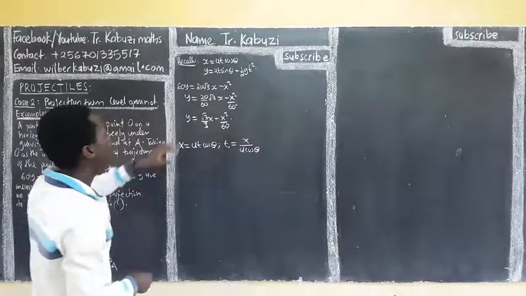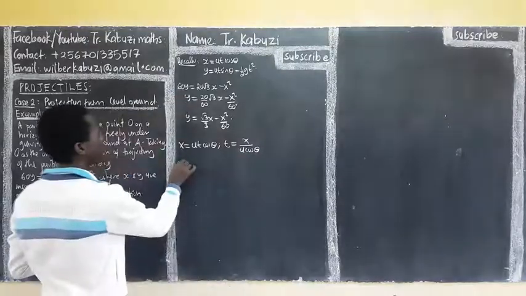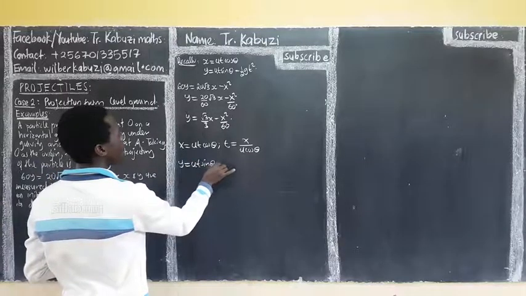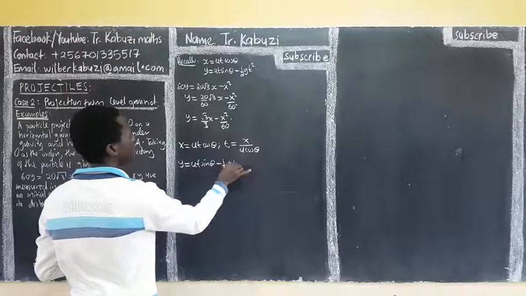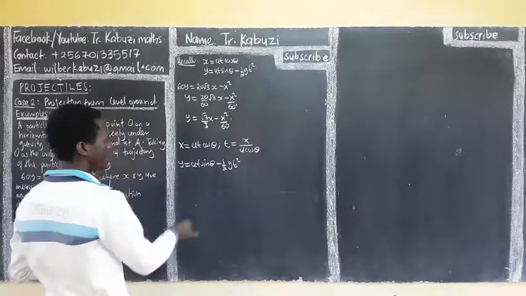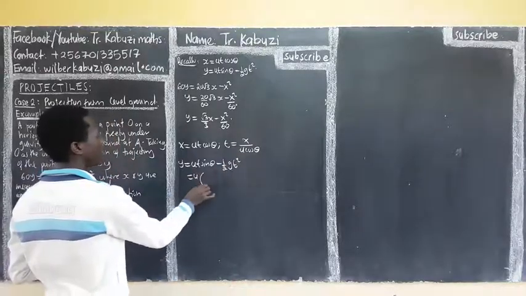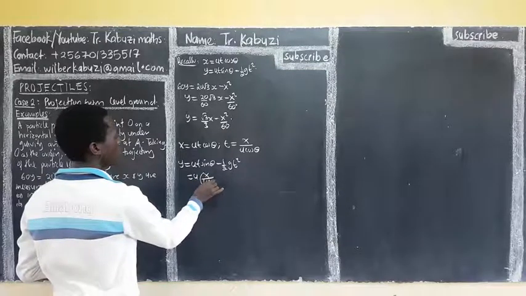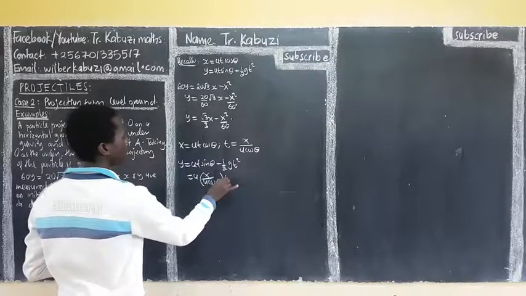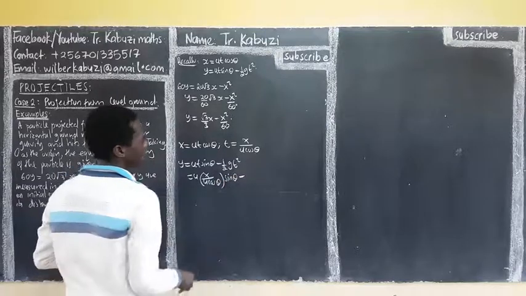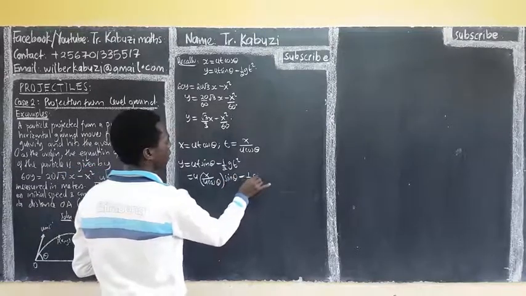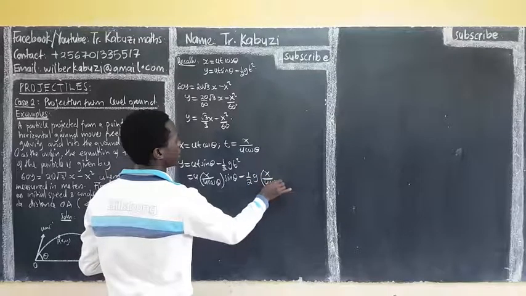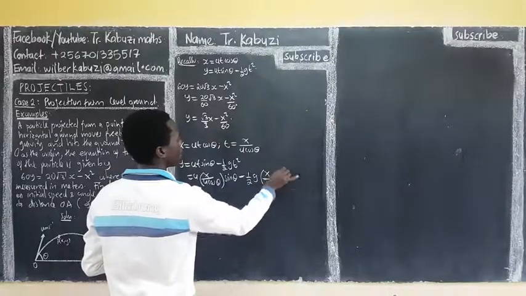And now from there, let me use y equal to u t sin theta minus a half g t squared, and then substitute in, so you're going to have u, then x over u cos theta, sin theta, then minus a half g into x over u cos theta, the whole squared.